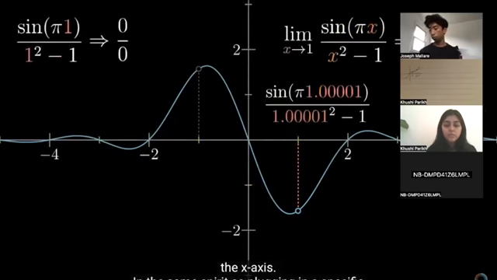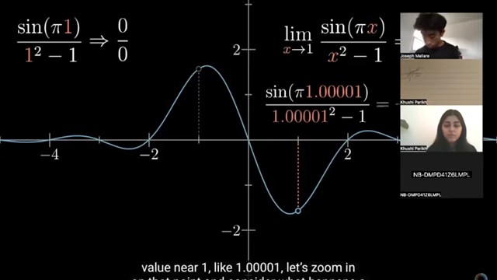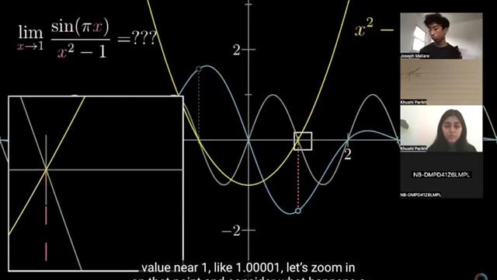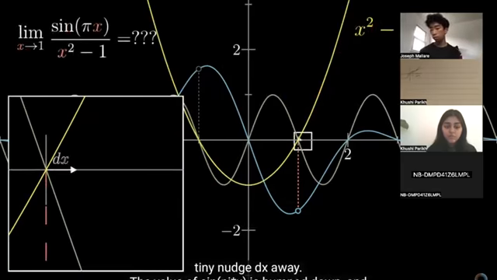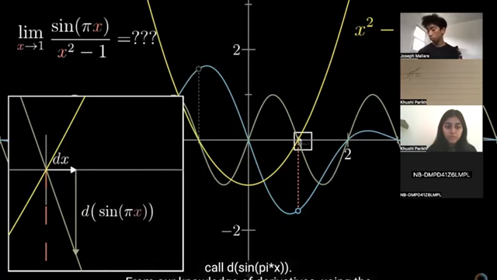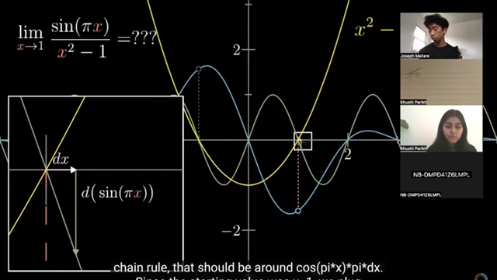In the same spirit as plugging in a specific value near 1, like 1.00001, let's zoom in on that point and consider what happens just a tiny nudge dx away from it. The value sine of pi times x is bumped down, and the value of that nudge, which was caused by the nudge dx to the input, is what we might call d sine of pi x. And from our knowledge of derivatives, using the chain rule, that should be around cosine of pi times x times pi times dx.